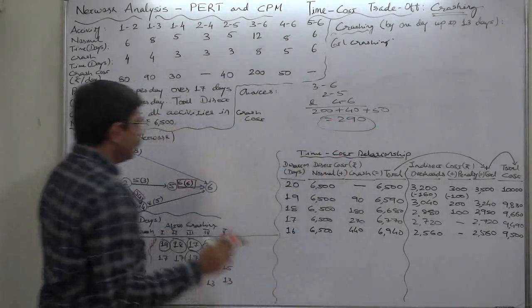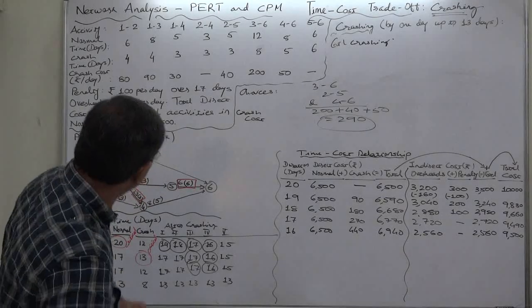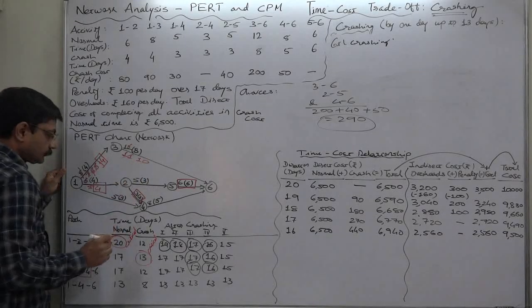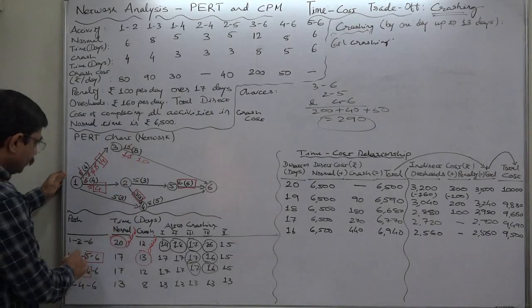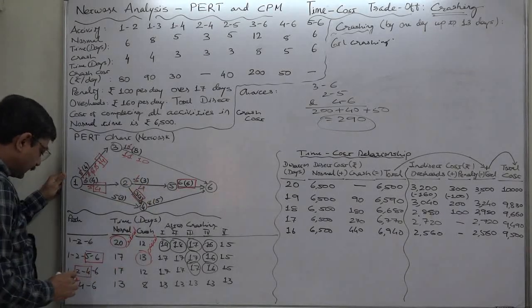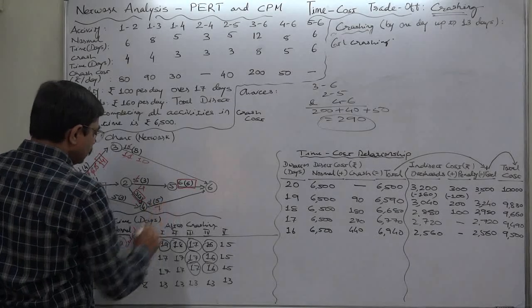to select, and as a result now the duration of activity 3, 6 will be 10 days. Duration of activity 2, 5 will be 4 days, and duration of activity 4, 6 will be 7 days.